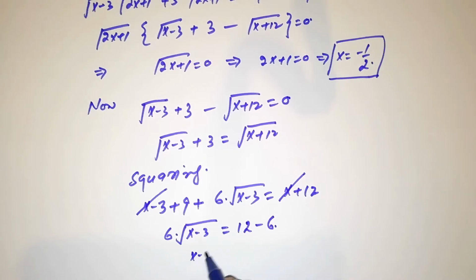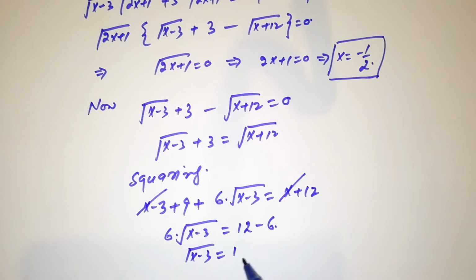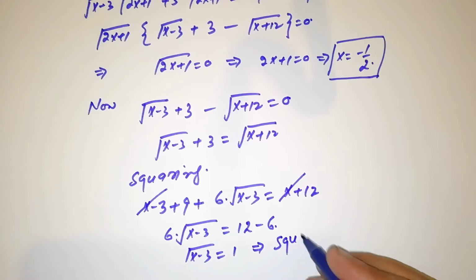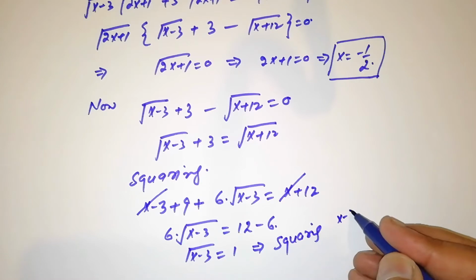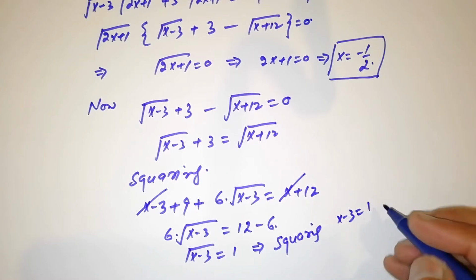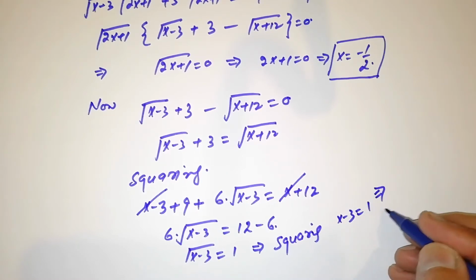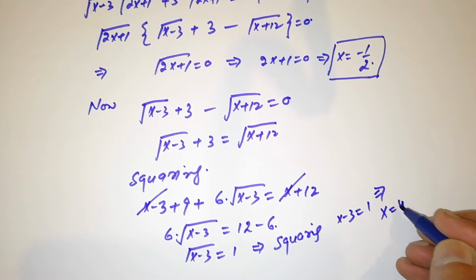So only square root of x minus 3, this is equal to 1. So squaring we have x minus 3 that is equal to 1, which shows we have x is equal to 4.